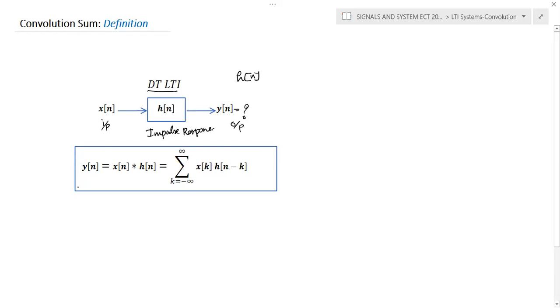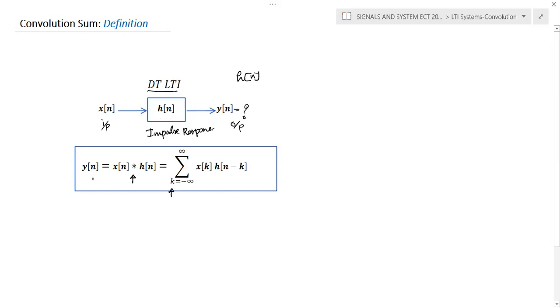So from the definition of convolution sum, we can write y of n is equal to x of n convolution h of n. This symbol is actually used to represent the convolution operation, and this particular convolution operation in discrete time is defined by sigma k equal to minus infinity to infinity. It's very important here, the variable is k: x of k into h of n minus k.